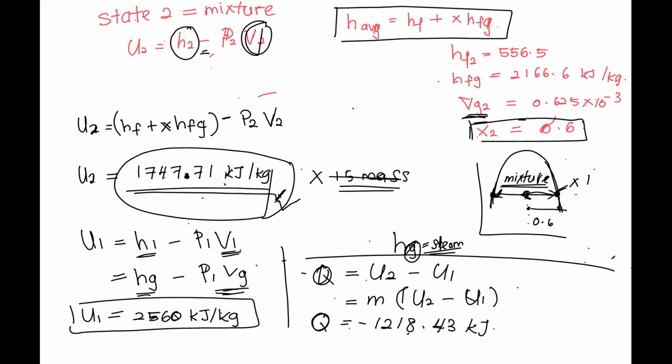So the energy or heat is being removed, cooling down, during the cooling period. Since we are in thermodynamics, we are able to calculate the energy we remove from the system from state 1 to state 2, which is 1218.43 kilojoule. So basically you have solved your question to get the energy required for this system. Okay, then that is the example for part 2.